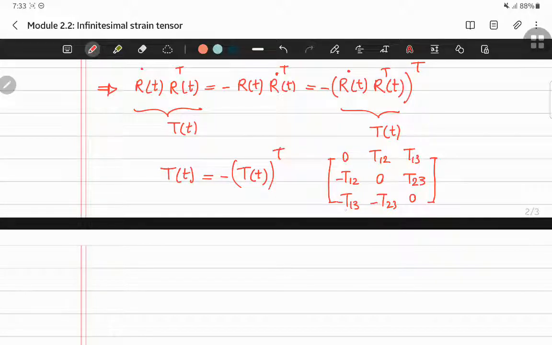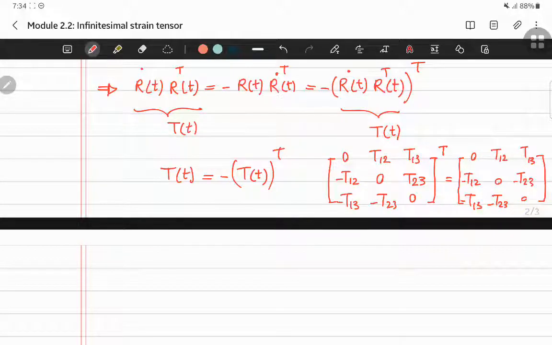And if you take the transpose of this, you get minus T12, minus T13, minus T23. So if you put a minus here, you will see that this becomes minus minus minus, this is plus plus plus. So this is equal to this.